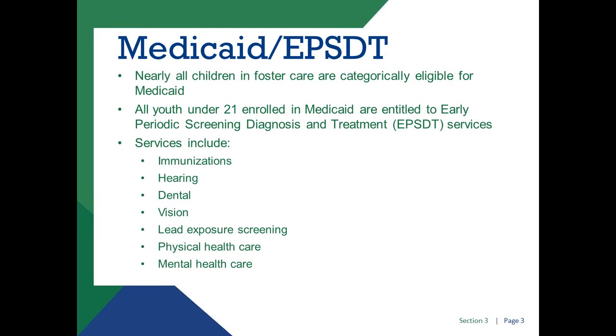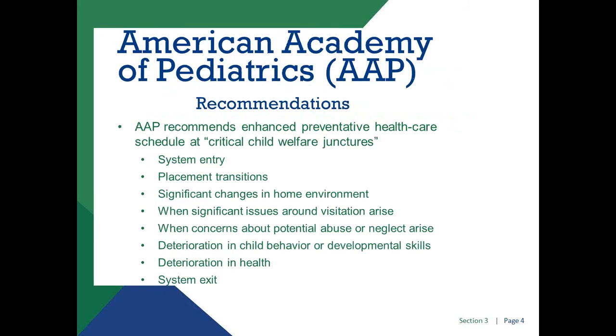And these include when the child first comes into the system, because many maltreated children have not had adequate health care and may not have been previously seen by a doctor prior to their entry into care. Whenever there are placement transitions, again, we try to keep placement stable, but a single medical home provider can provide consistency during a placement transition.